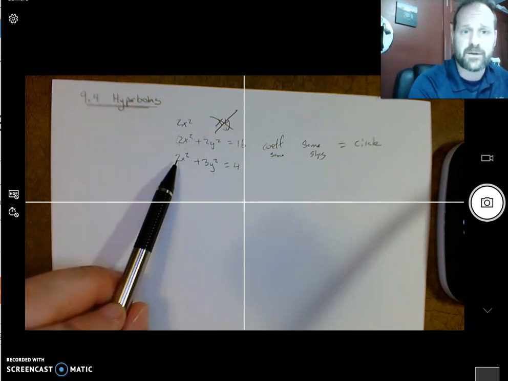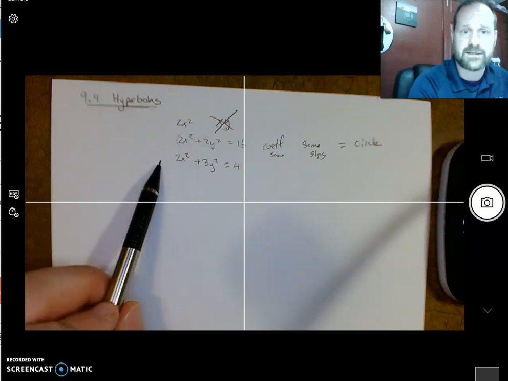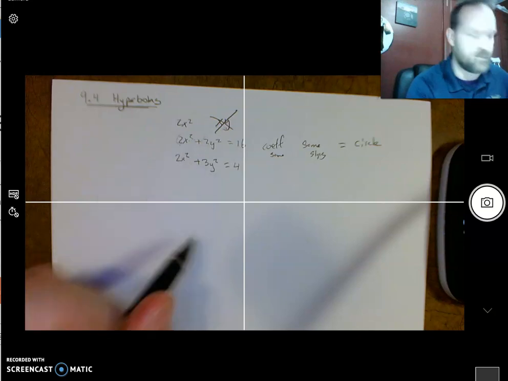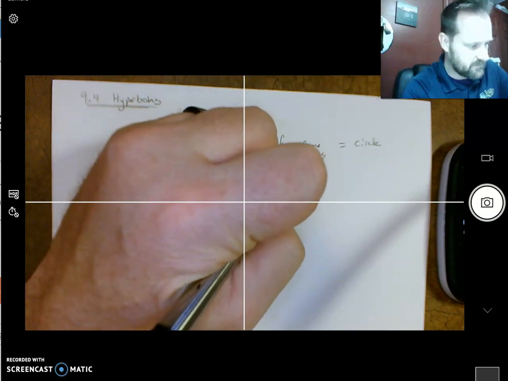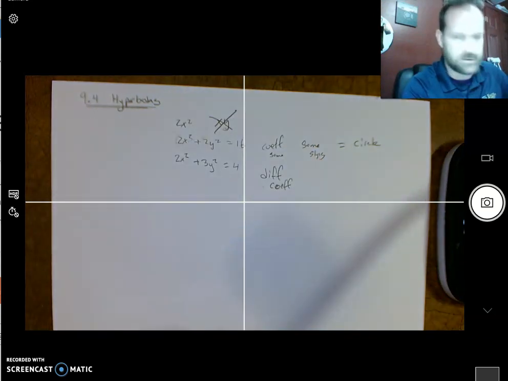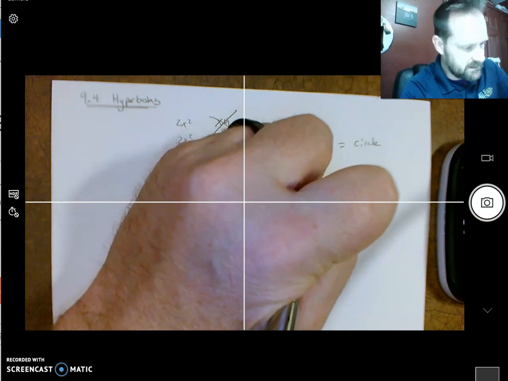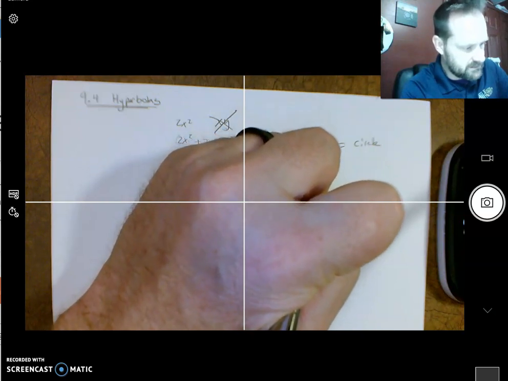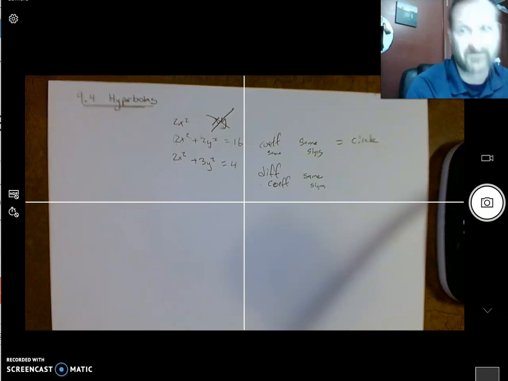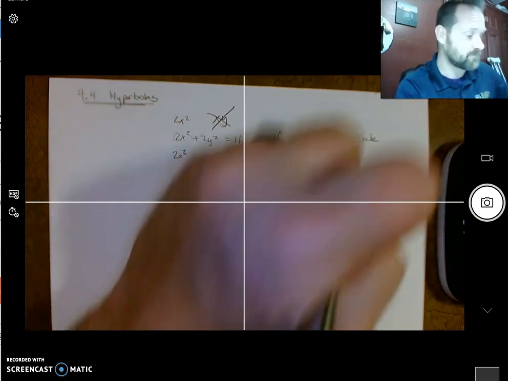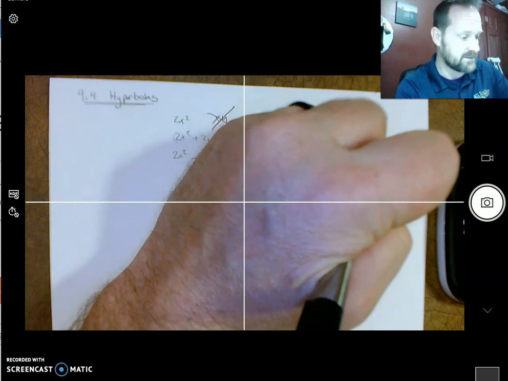Notice, same sign, addition, but different coefficients and same signs. Now we have an ellipse.